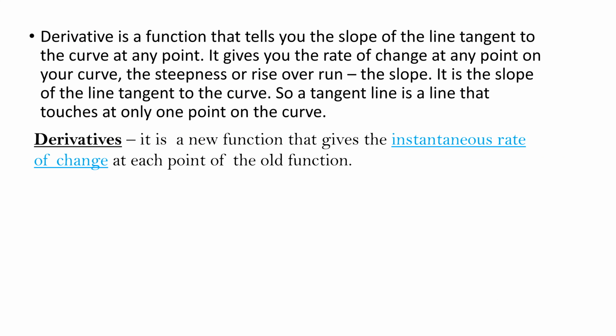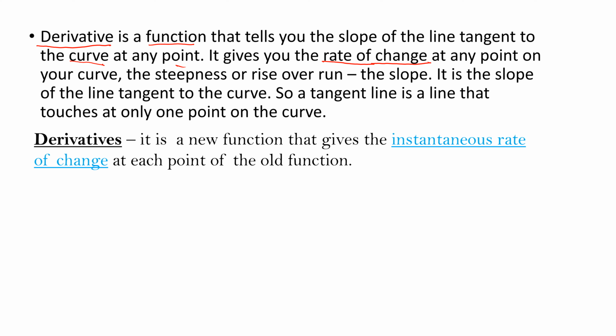Okay, so let us now go to the definition of the derivative. So far, when we say derivative, it is a function that tells you the slope of the line tangent to the curve at any point. It gives you the rate of change. So when we say rate of change, it talks about the slope.